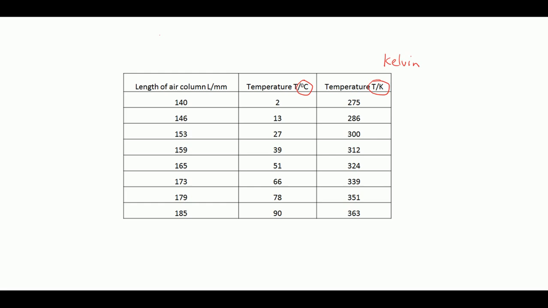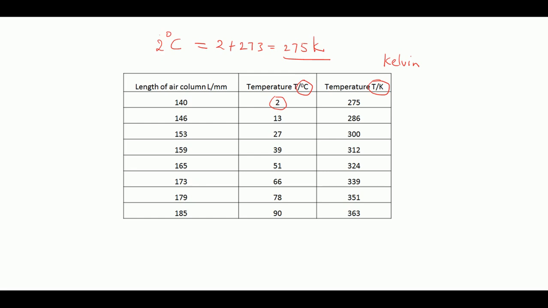So let's say we have 2 degrees Celsius. If we want to convert that to Kelvin, we take 2 plus 273, and this will give us 275 Kelvin. Always remember, when we are using the gas laws, we work with temperatures in Kelvin only.